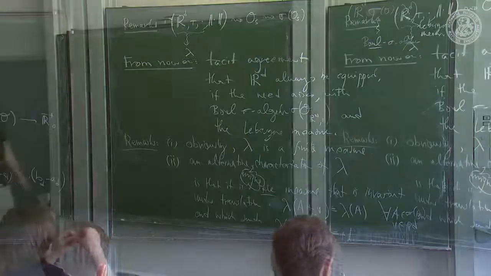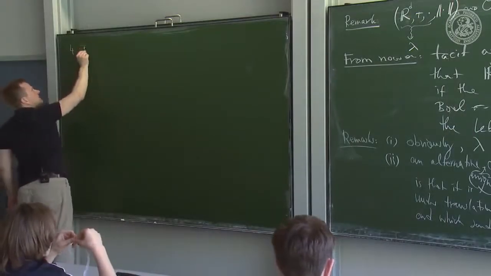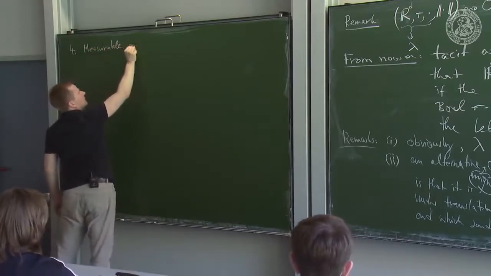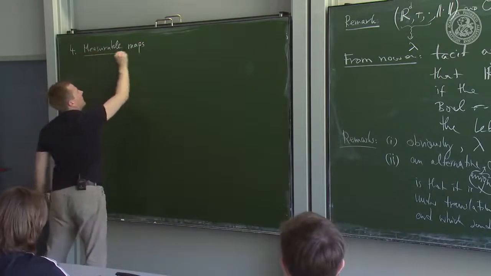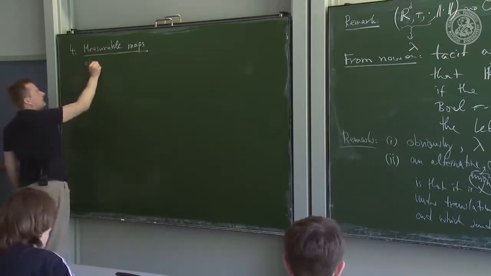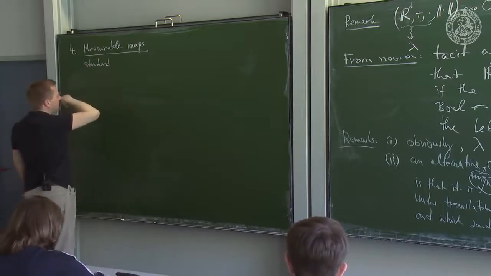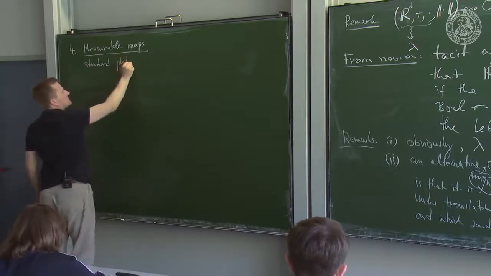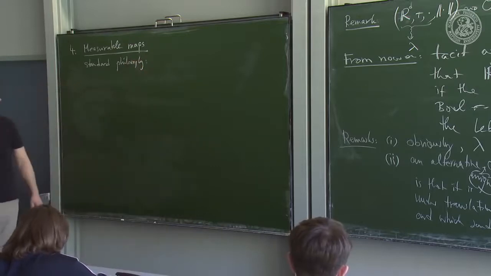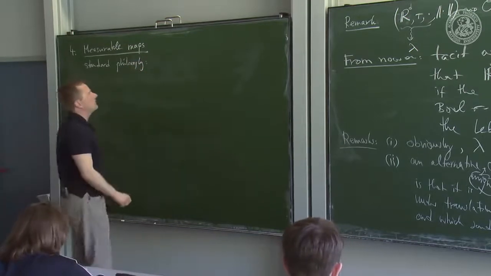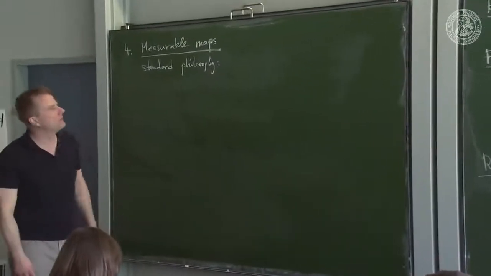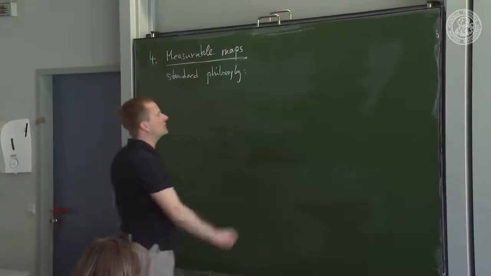Okay. So the fourth section is measurable maps. That's something new. Again, standard philosophy, I explained this already last time, I believe. The standard philosophy is to study spaces of a certain structural type by studying maps between them that in a meaningful sense preserve the structure.